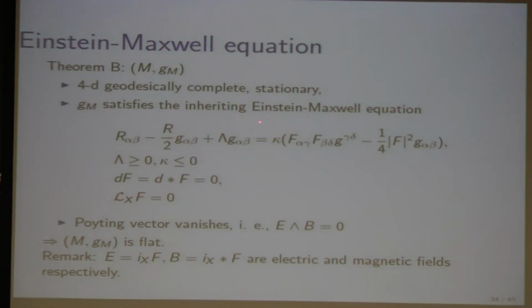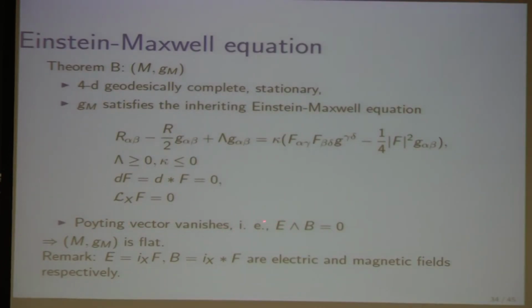It is not necessary to satisfy this equation. If you only assume the space-time is stationary, and you have this equation, it is not necessary. But here, I assume inheriting this symmetry. So the important condition here is this one. I have to assume the Poynting vector vanishes.